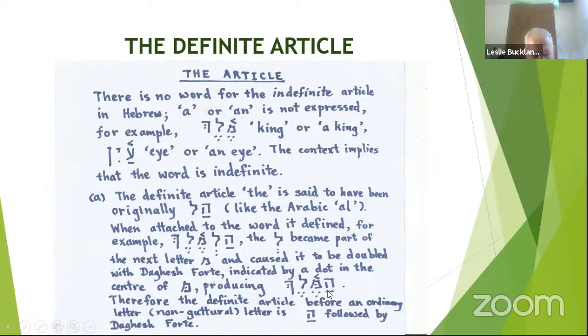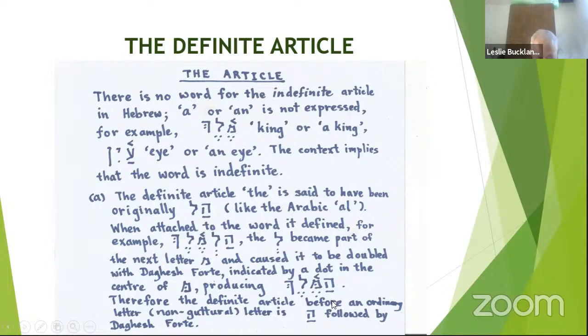So you have ham melek. That's the first rule. The definite article before a word that starts with a non-guttural letter is ha, followed by the dagesh forte in that first letter of the word.